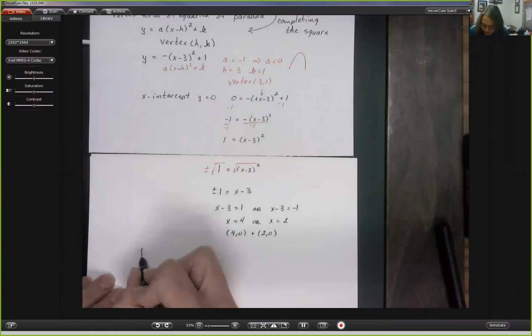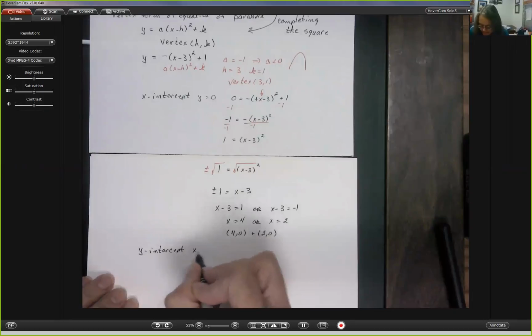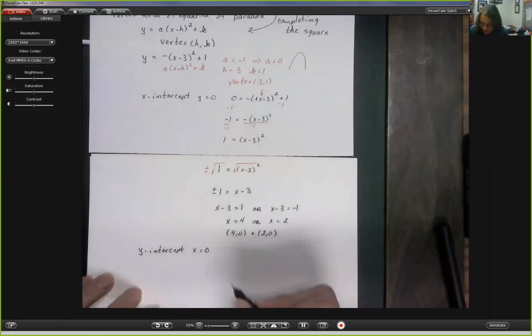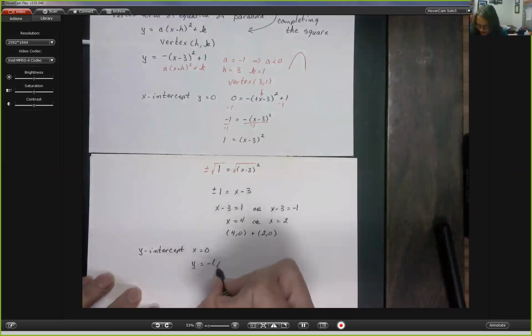We find the y-intercept by setting x equal to 0. So remember that our function is y equals negative x minus 3 squared plus 1. Plug in x equals 0.